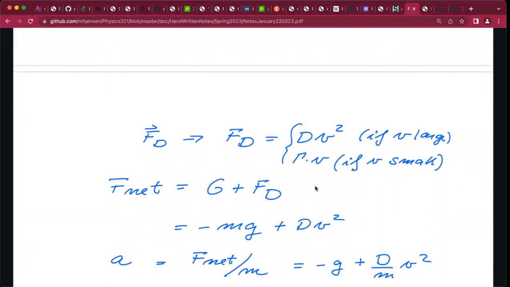Depending on what type of air resistance we have and the velocity of the object which is falling, you can deduce an experimental behavior which goes either like the velocity squared or just as a function of the velocity. There's a reason why I wanted to bring this up, because it allows me to emphasize the ways in which we are solving these types of problems.